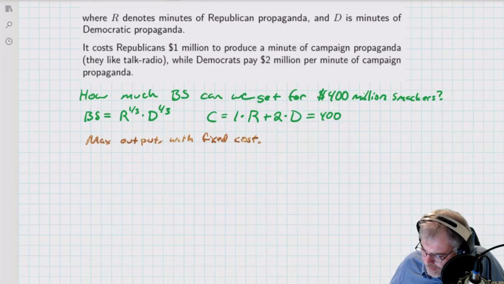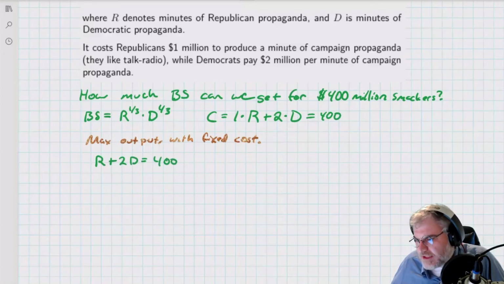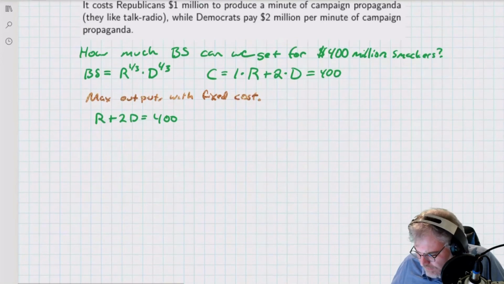All right. So R and D is this. So I've got R plus 2D equals 400. Wouldn't it be nice if I just could divide that? Then I get a 200. Wouldn't that be nice? So let's do that.